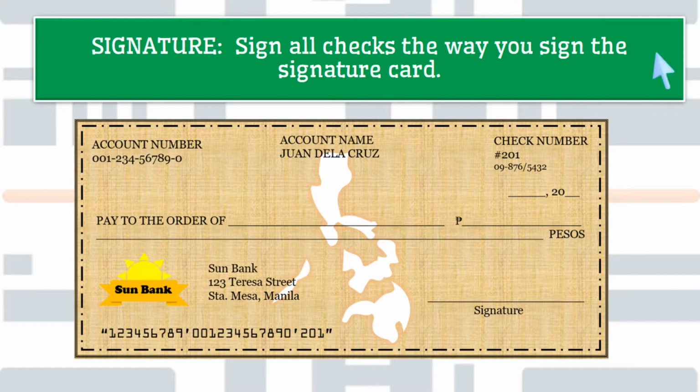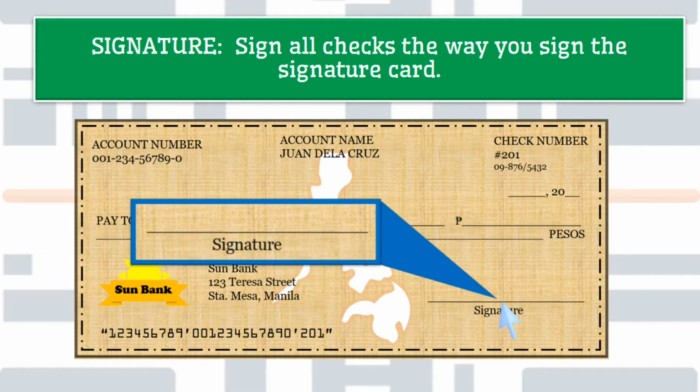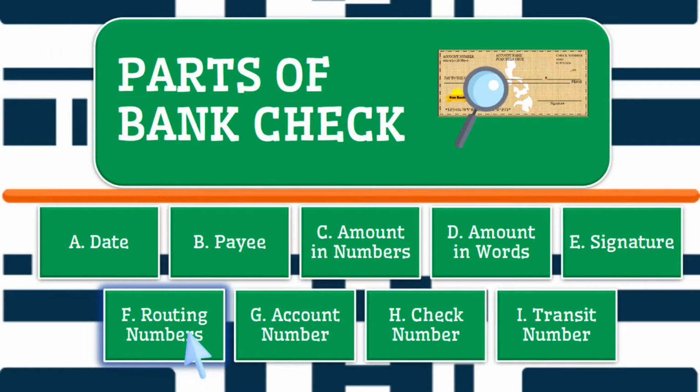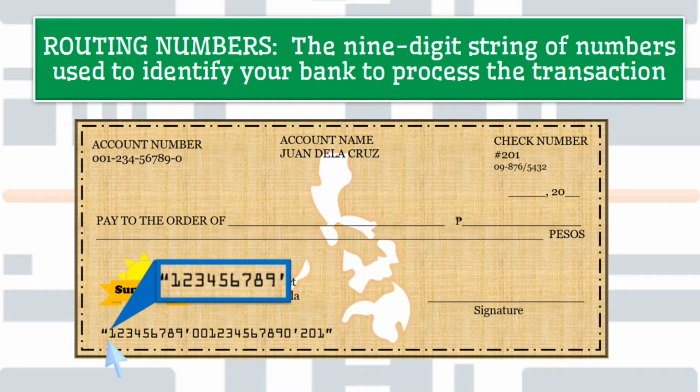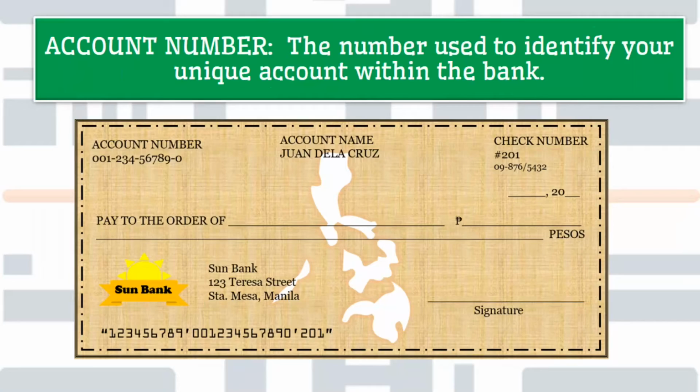Signature. Sign all the checks the way you sign the signature card. Routing numbers. The 9-digit string of numbers used to identify your bank to process the transaction. Account number.